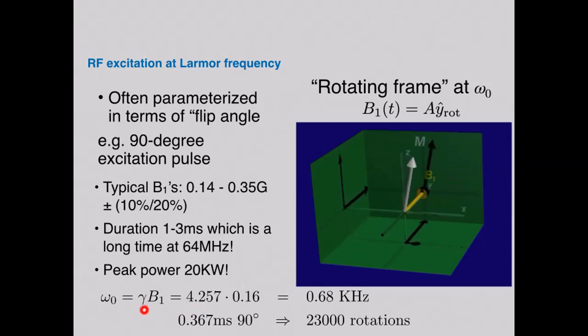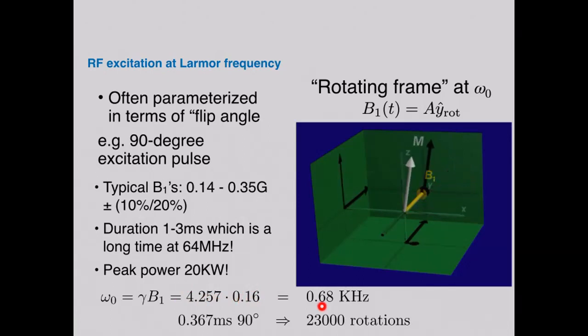Okay, so you can actually calculate the rotation around the B1 field. According to the formula, the angular frequency is gamma B1, right? The rotation around B1 is gamma times B1. What is gamma times B1? Well, it's 4.257 kilohertz per Gauss times 0.16 Gauss.